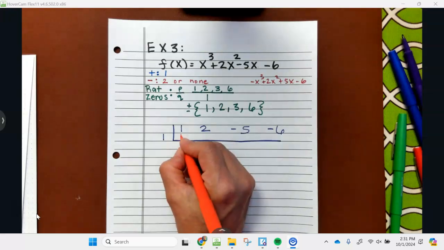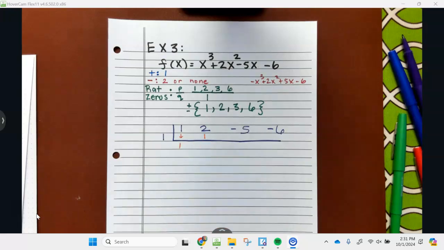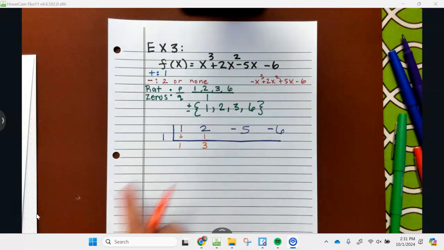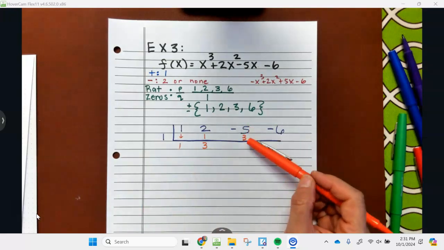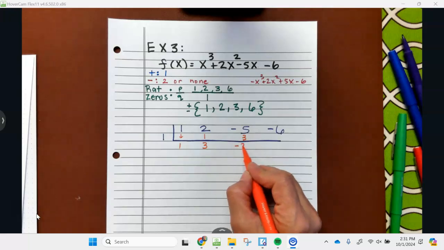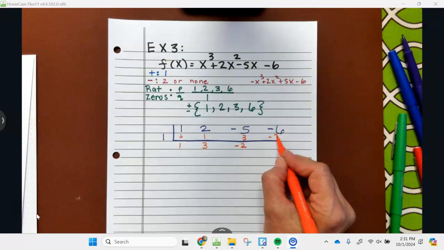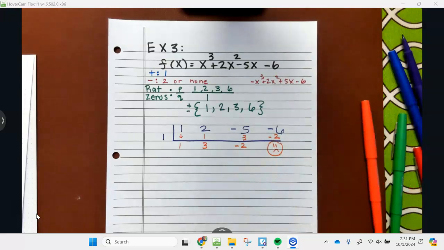Bring down your first number. 1 times 1 is 1. 2 plus 1 is 3. 1 times 3 is 3. A negative 5 and a positive 3 is a negative 2. A 1 times a negative 2 is making me sad because that does not equal 0.